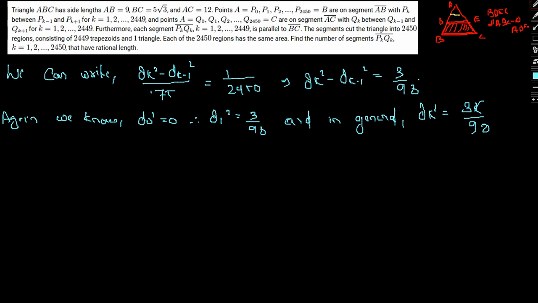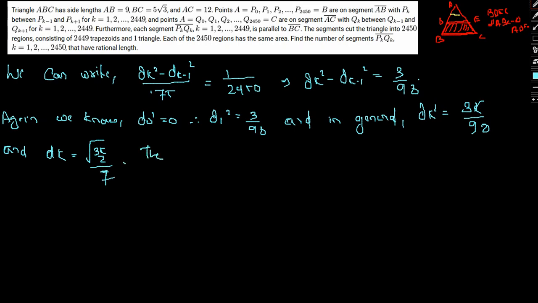With that said, dk can be further written as root under 3k by 2 by 7.